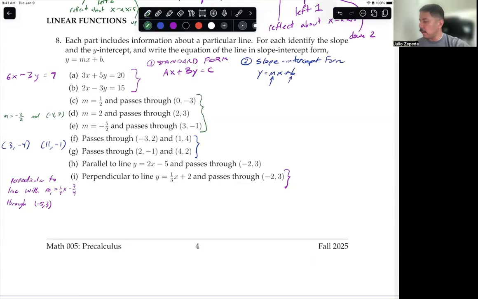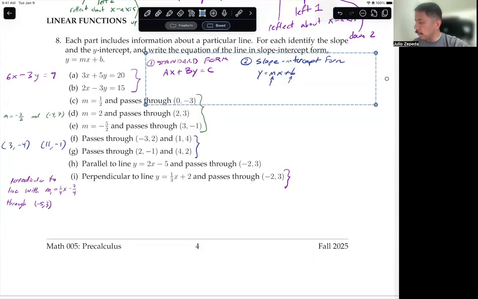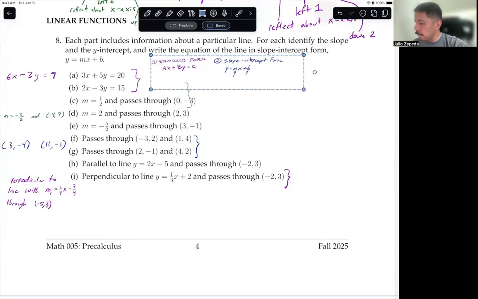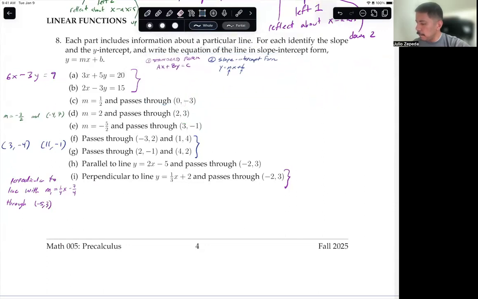And then the third form is called point slope form. Point slope form is one that I like, though the most common one is slope-intercept form.